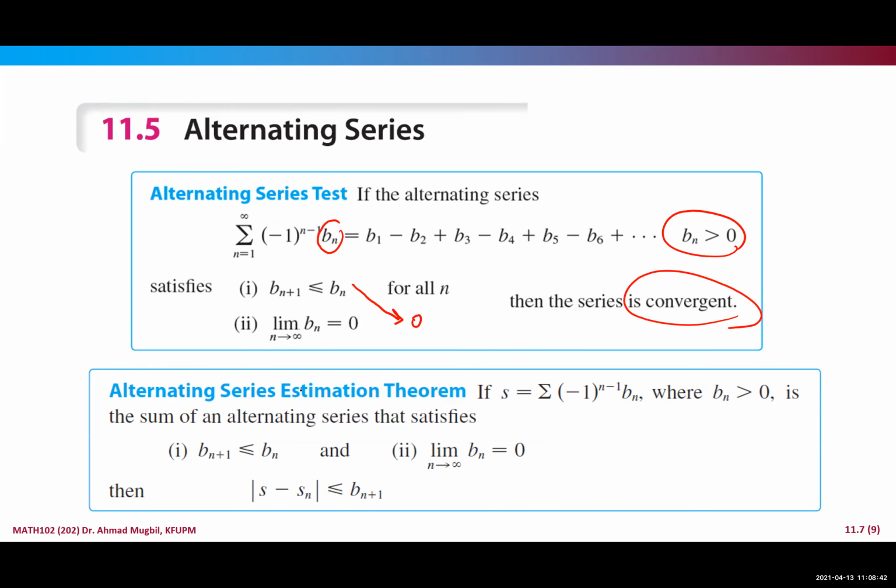This is the only section that you have estimation in. So if you have a convergent alternating series, its sum is S, then the difference between S and the approximated nth partial sum will always be less than bn plus 1. Usually we call this the absolute value of the error is less than this.